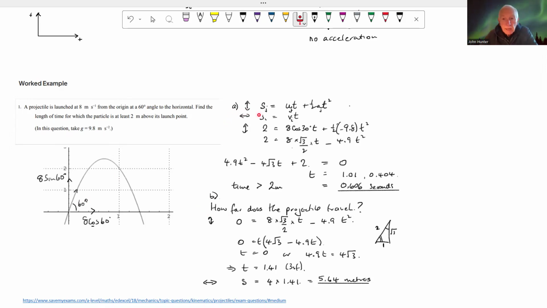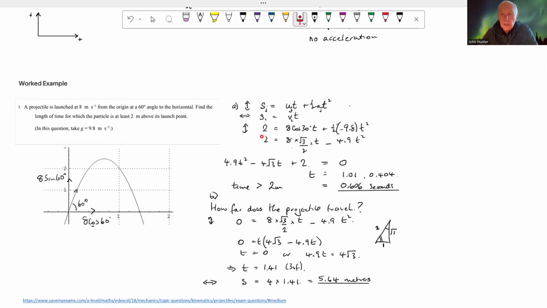Part A, vertically then, we were using this equation here. I've used subscript j, and horizontally we're using that with subscript i. So vertically, what I've done here is, we could solve this as an inequality, but I actually found it easier in this case just to solve it as an equality.